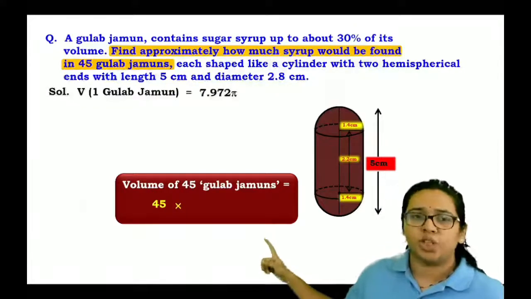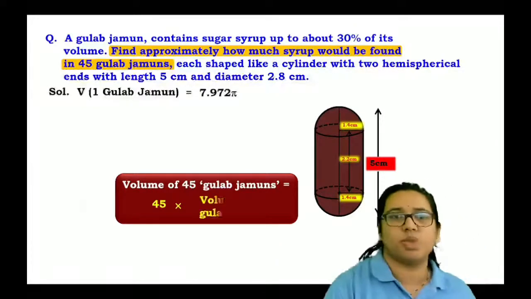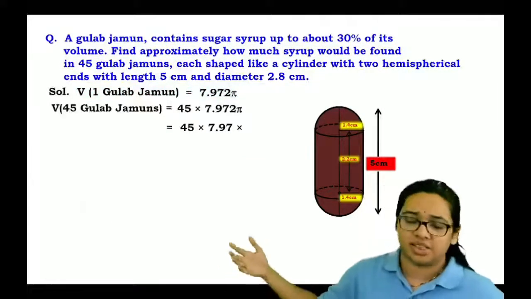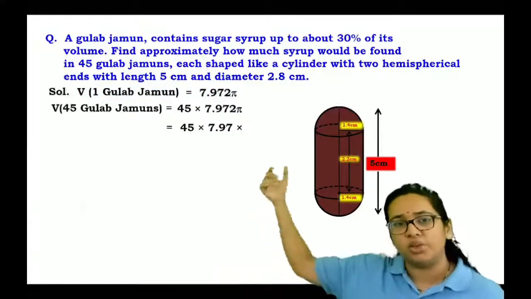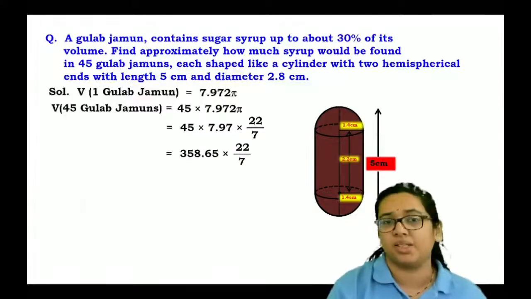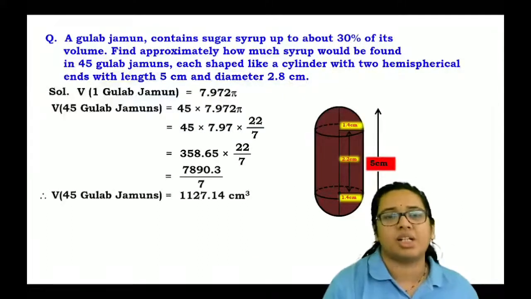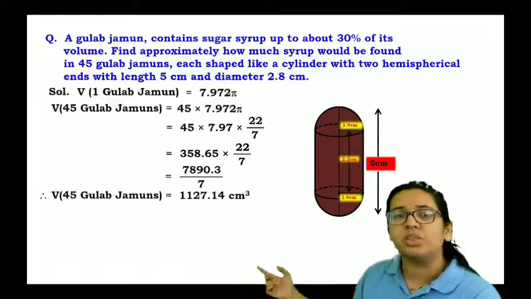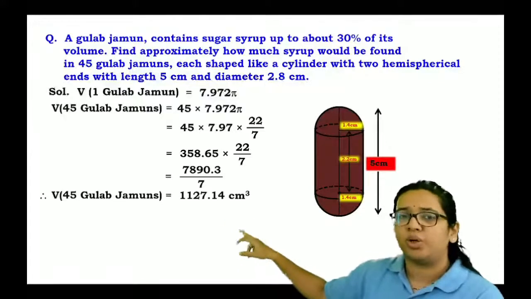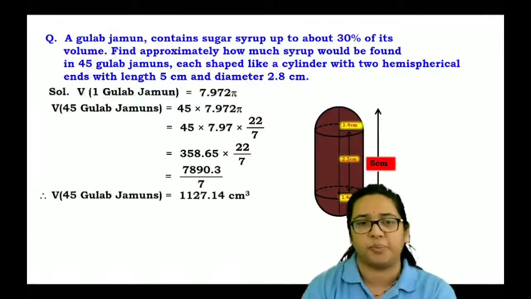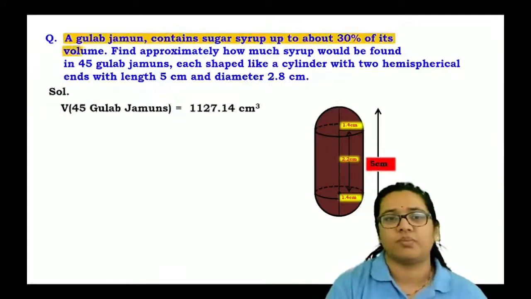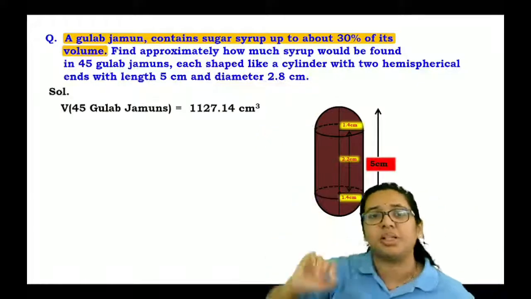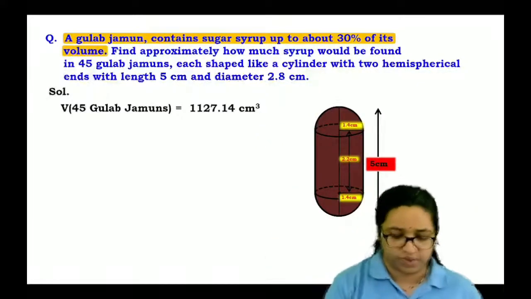So the remaining part, volume of 45 gulab jamun is nothing but 45 times volume of one gulab jamun. So it is given as 7.972 pi. So 45 into this, we'll just put pi as 22 upon 7. So after calculating this, you will get volume of 45 gulab jamuns will be 1127.14 cubic centimeter. But we just have to find out what will be the approximate syrup that would be found in those 45 gulab jamuns.